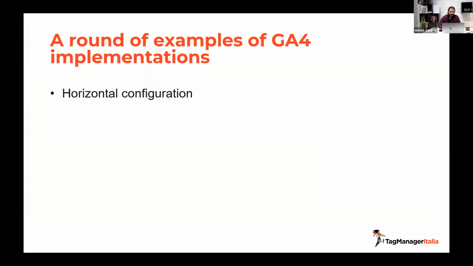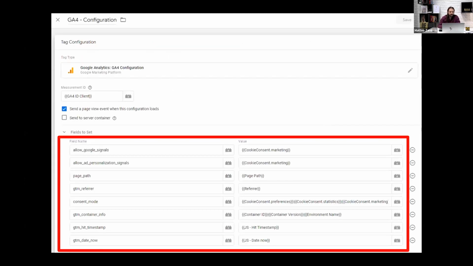Now here is a quick overview of how GA4 custom parameters are implemented and used. The first is the horizontal configuration. These are parameters that are always present in any event to enrich information that GA4 does not have by default.